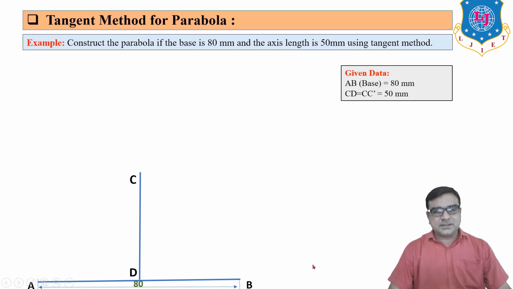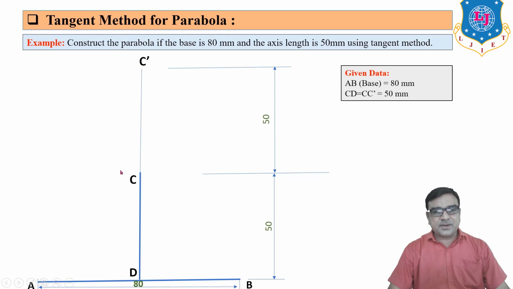Now in this method we have to double this side CD, 50 mm, and extend this line CC dash 50 mm. So if CD is the actual axis of 50 mm, we have to extend that line again 50 mm and denote it by C dash.